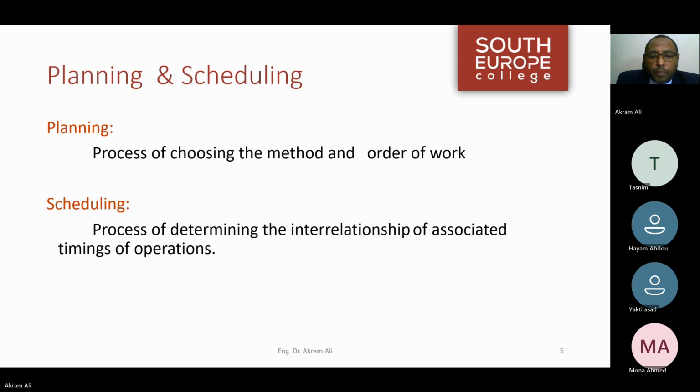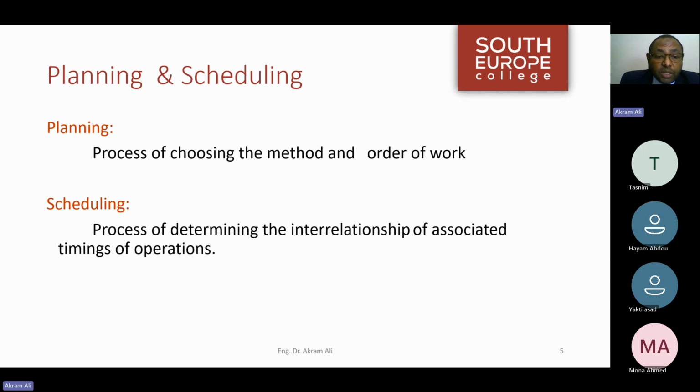So planning and scheduling are sometimes confused. And in order to reduce such confusion, we have to revert back to basic definitions. The definition of planning is a process of choosing the method and order of work.